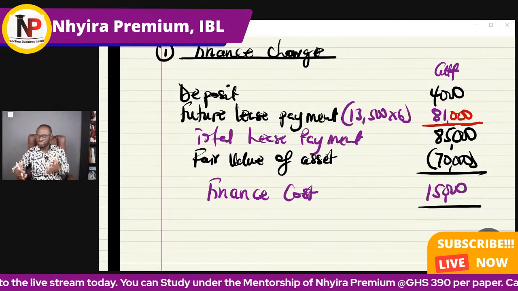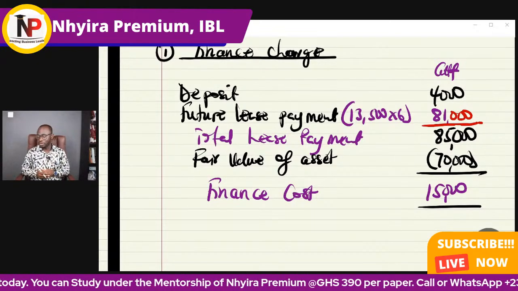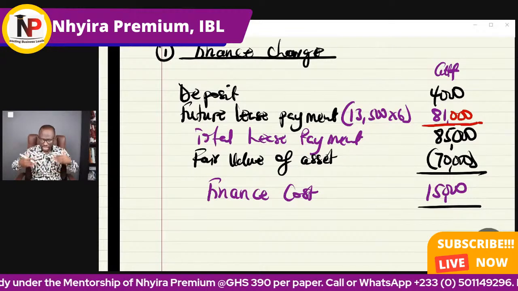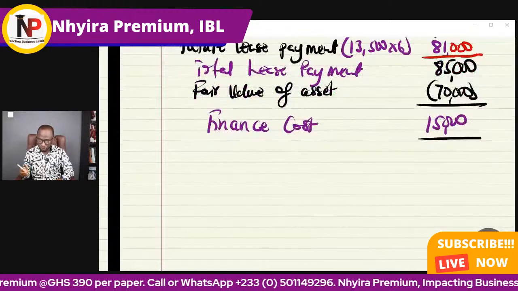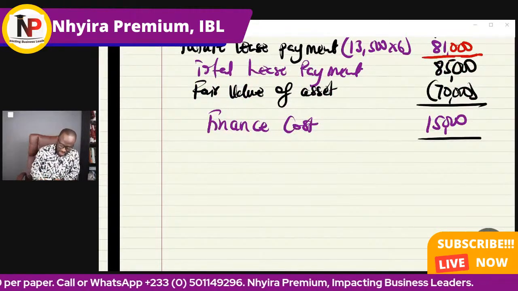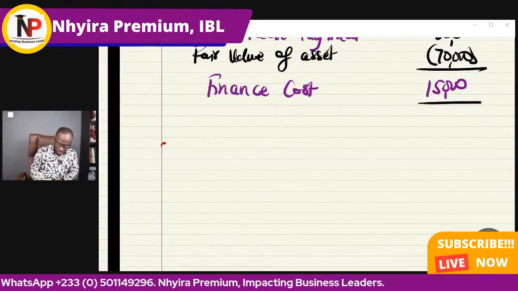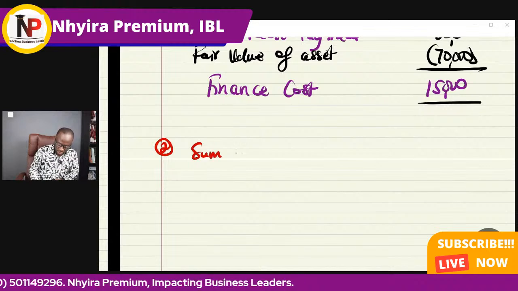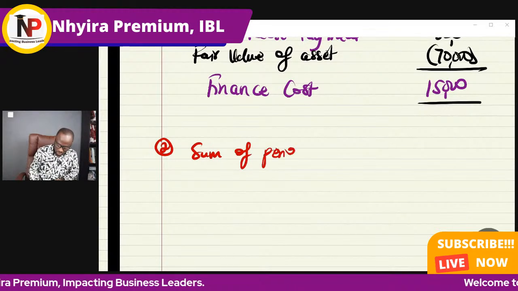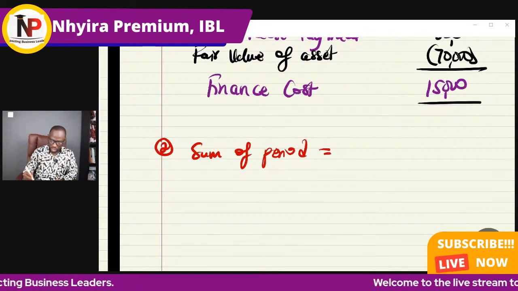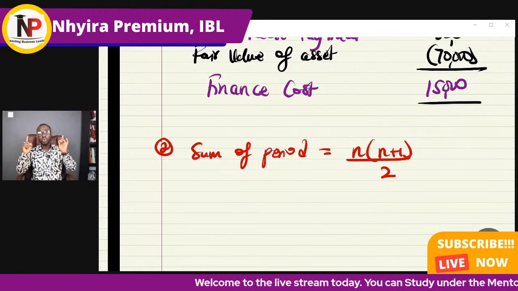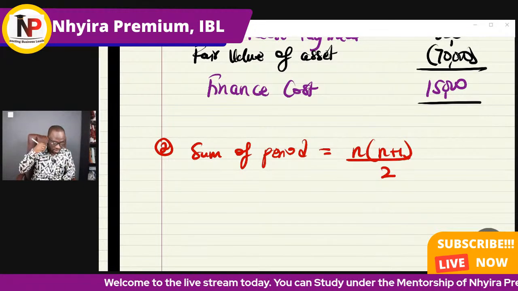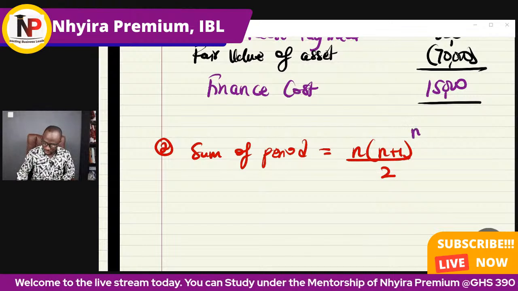Now, it is this 15,000 Ghana cedis that we are going to be allocating using the sum of period digits. Now, the sum of period digits is simply going to be n(n+1)/2, where n simply means the number of lease payments.